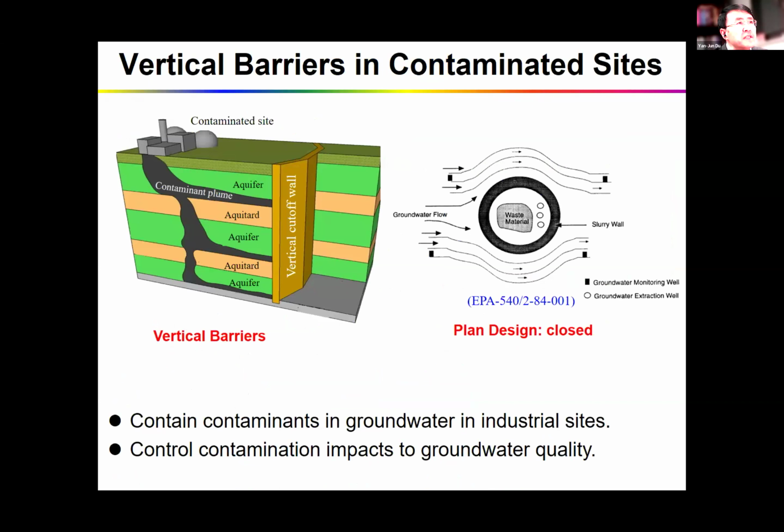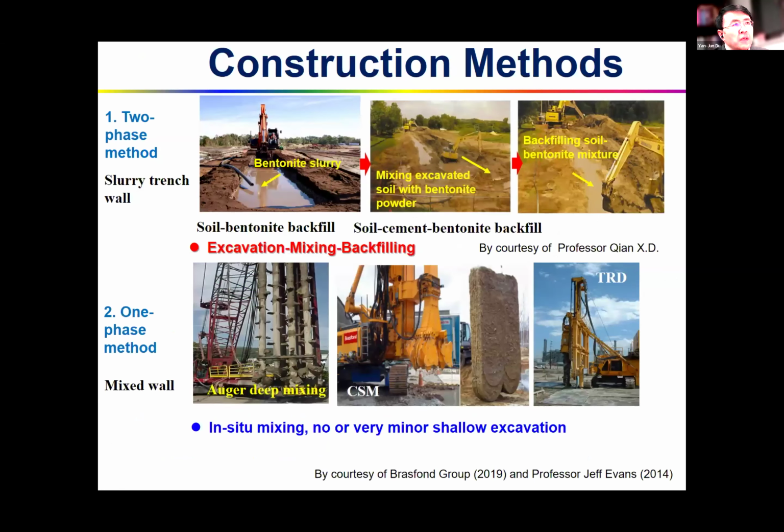Vertical barriers are extensively used in contaminated sites and landfills to contain contaminants in groundwater and to control migration impacts to groundwater quality. Construction of vertical barriers generally includes two methods.